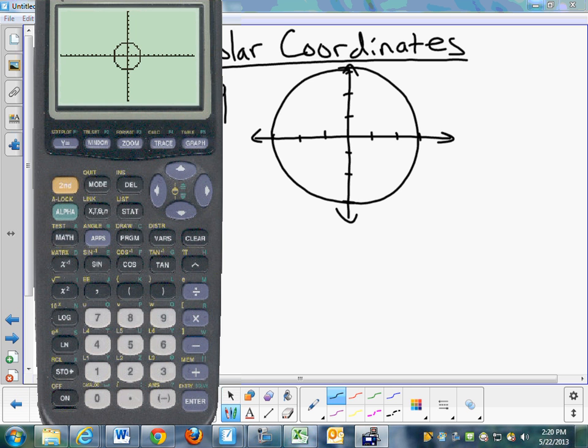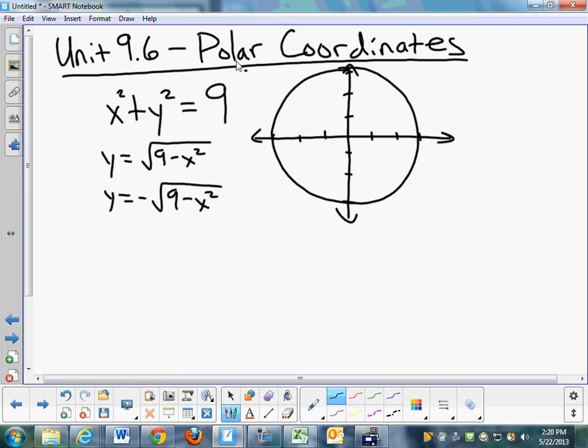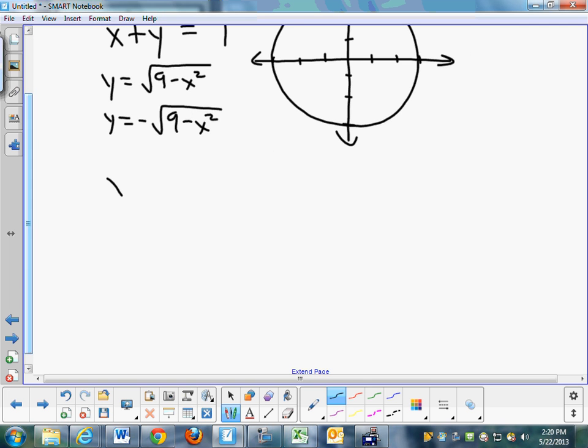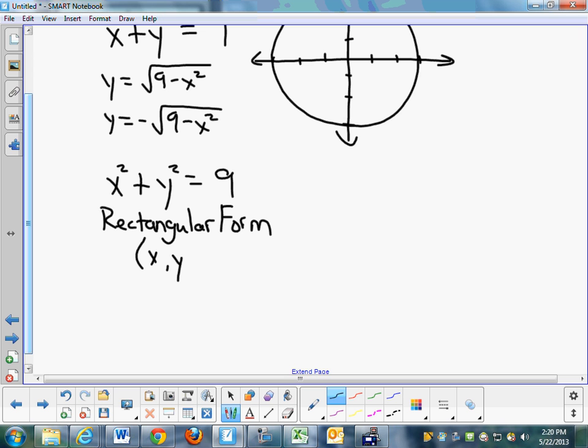So the point is that you can take this equation, x squared plus y squared is equal to 9. That is what we call rectangular form. And it's rectangular form because it has an x-coordinate and a y-coordinate, and we have unique coordinates in that system.